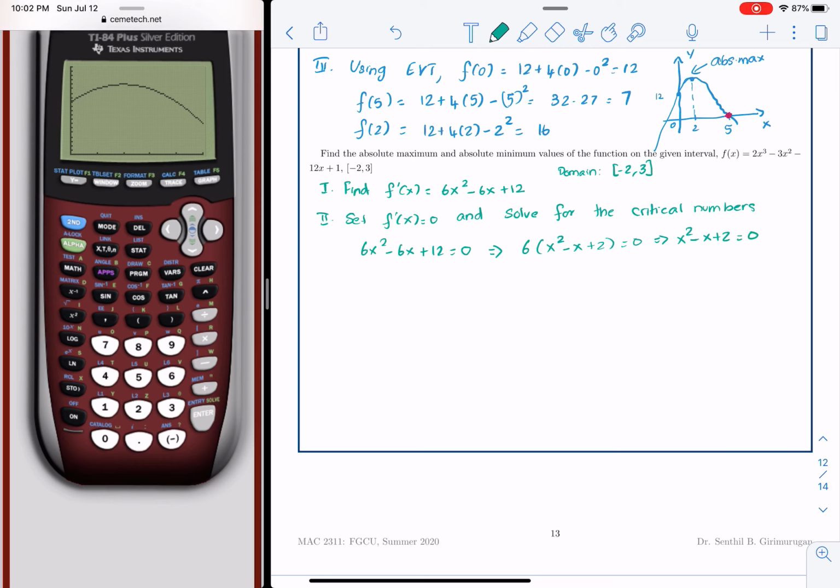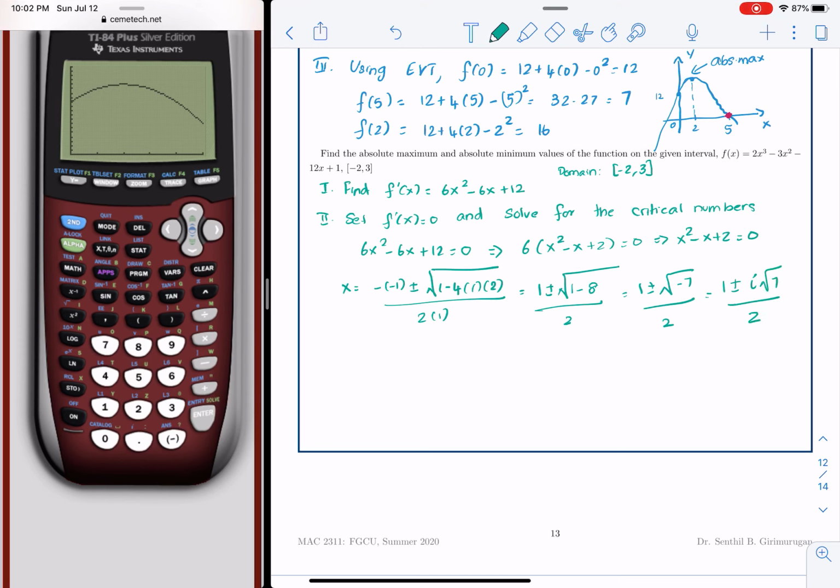That is a quadratic equation. So x is minus b, so minus of -1, plus or minus square root of b squared, which is 1, minus 4 times a times c, divided by 2 times a. So we have 1 plus or minus square root of 1 minus 8 divided by 2. 1 plus or minus square root of -7 divided by 2. 1 plus or minus i root 7 divided by 2.